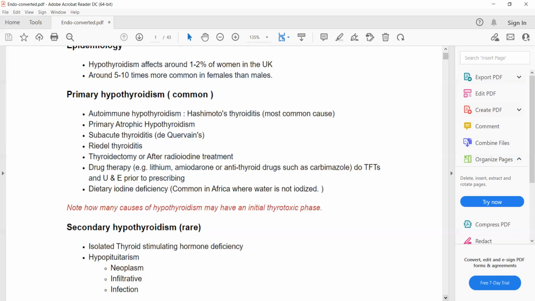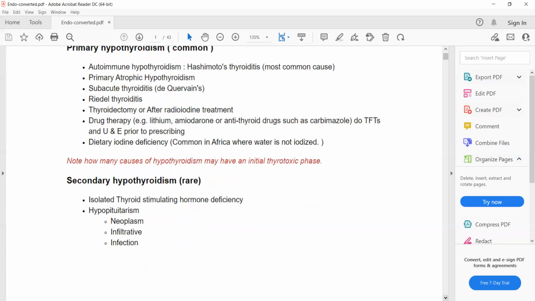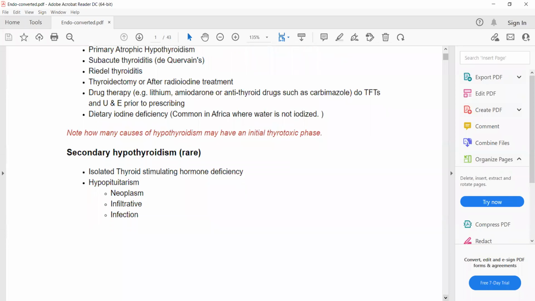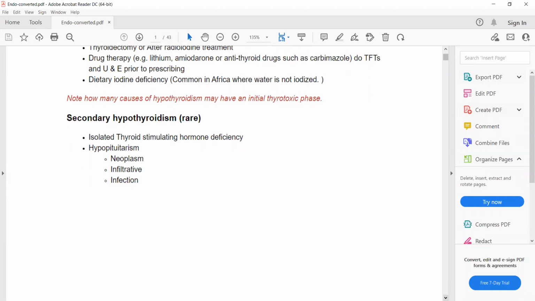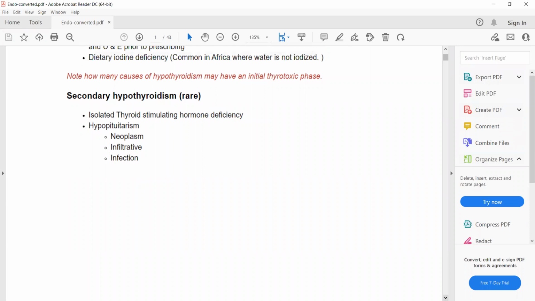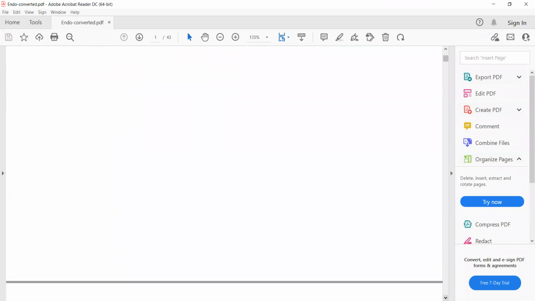So any pituitary disease such as pituitary neoplasm, infiltrative disease or infection of the pituitary gland can lead to secondary hypothyroidism. Secondary hypothyroidism is very rare. Just remember its definition and its causes just for your knowledge. You will be asked about primary hypothyroidism in the PLAB 1 exam.